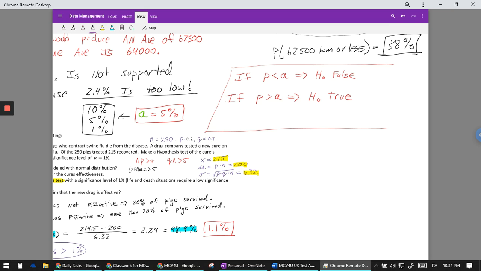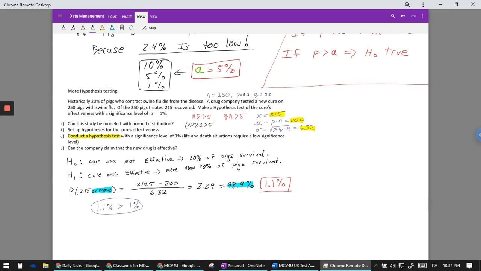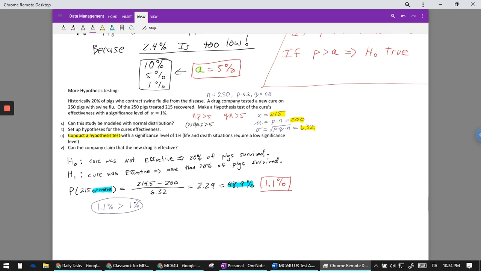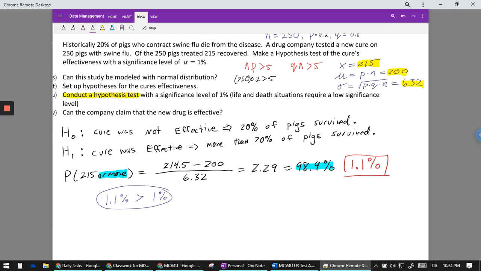If our final percentage is greater than alpha, then the original hypothesis is true, which is the cure was not effective. So therefore, H0 is supported, or the cure was not effective. Okay.